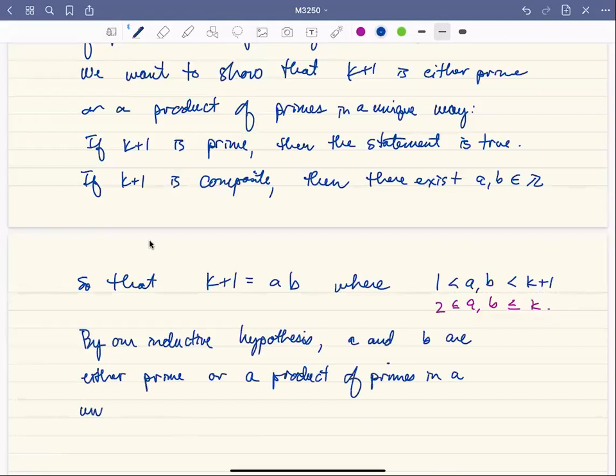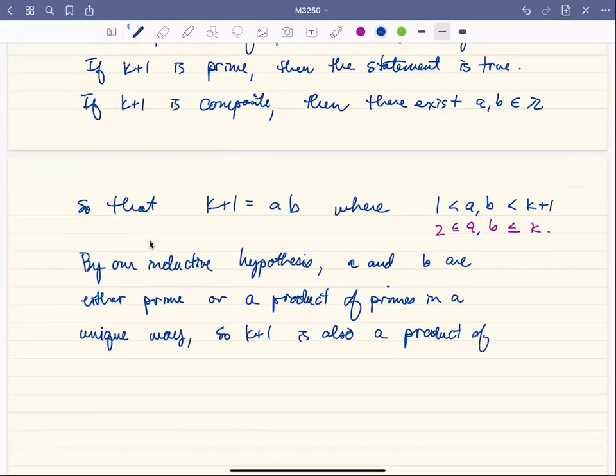And hence, so is their product. So k plus 1 is also a product of primes in a unique way. And that's it.